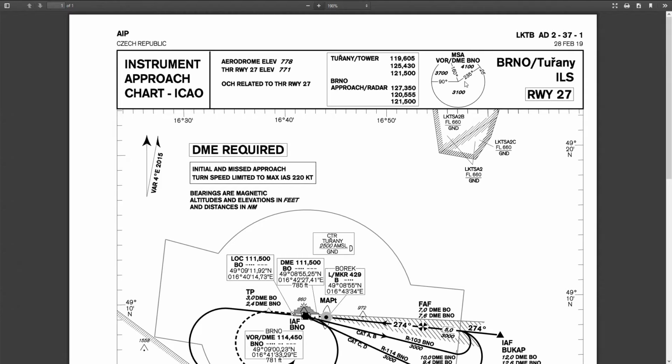Copy. Makes sense. And this is valid for DME Brno. So these bearings are from VOR DME Brno. And there you have also the distance, 25 miles. So if you are within 25 miles of the Brno VOR, you need to be higher than these altitudes. Makes sense? Yeah, it does.